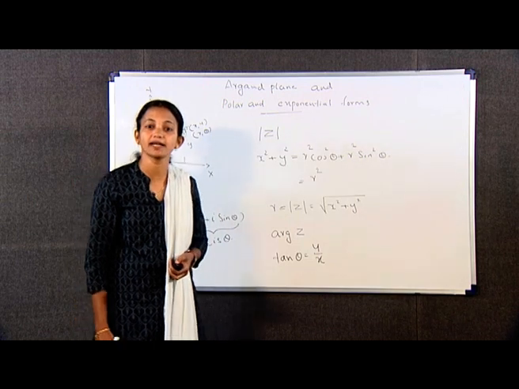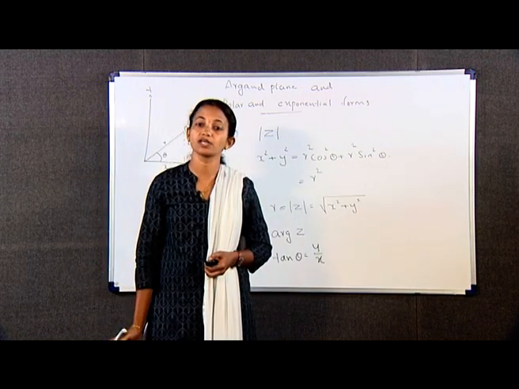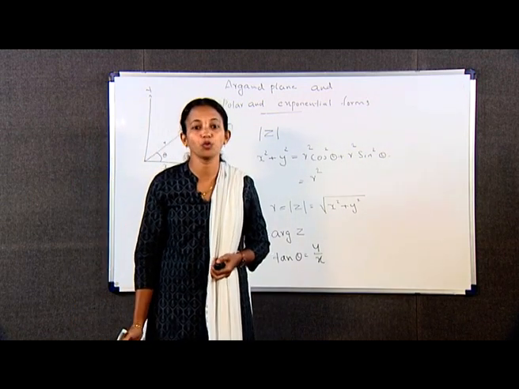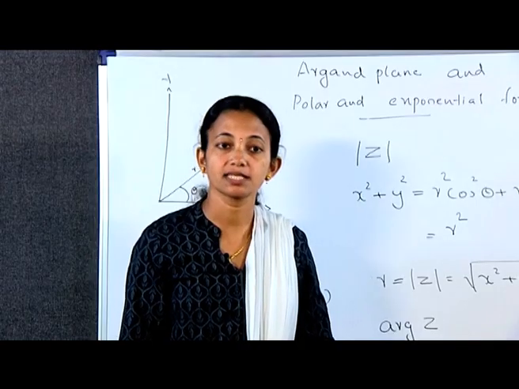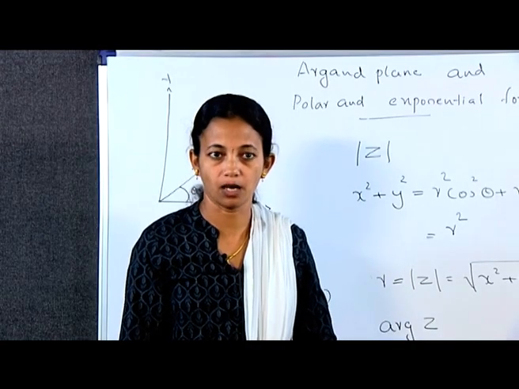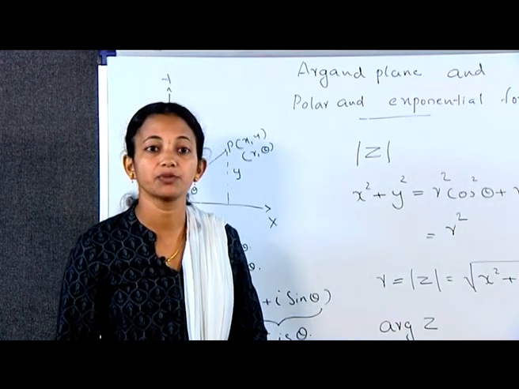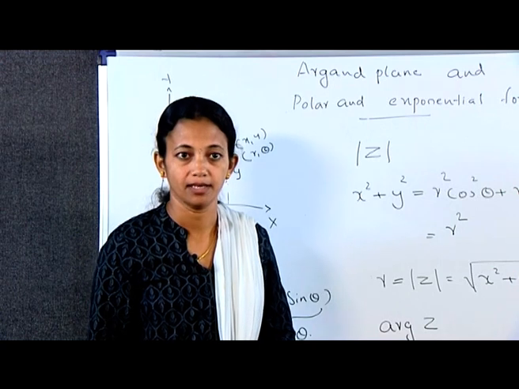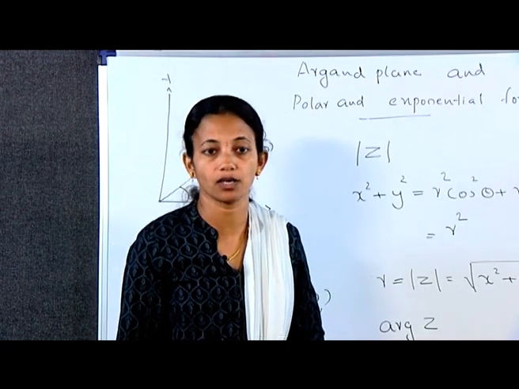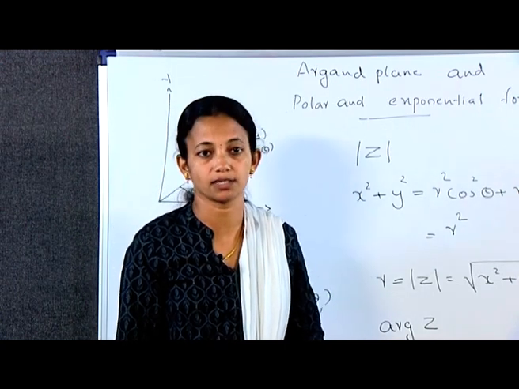Since sin theta and cos theta are periodic functions of theta with period 2 pi radian, arg z is multiple valued. However, there is one and only one value of theta lying between minus pi and pi, satisfying x equal to r cos theta, y is equal to r sin theta.